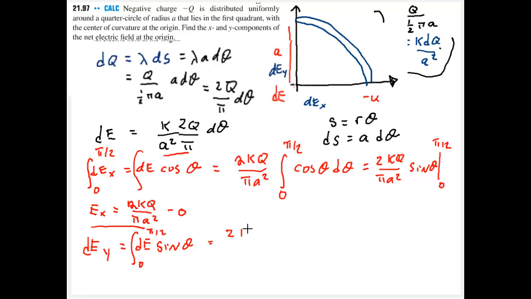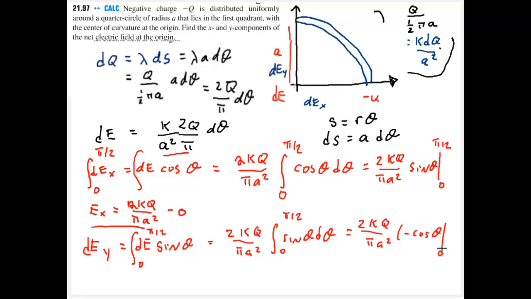Same as before, we can pull out the 2, the k, the q, and the pi a squared, and we're simply integrating sine theta d theta from 0 to pi over 2. We all know that's going to be equal to negative cosine theta, so 2kq divided by pi a squared times negative cosine theta, and we're going to evaluate it at 0 and pi over 2 as well.